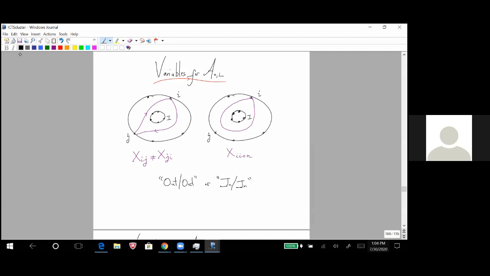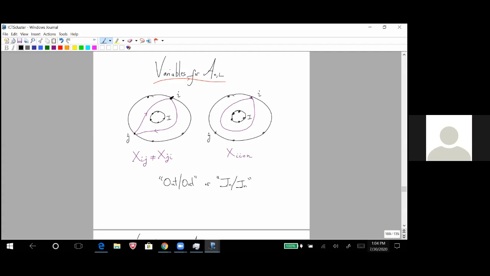So to begin with, here is one class of variables, which I'll call out or in, where the arcs go from either i on the outside to j on the outside, or the other way around. So here I've just drawn the out ones, and here I have two kinds of variable. I have x_ij.